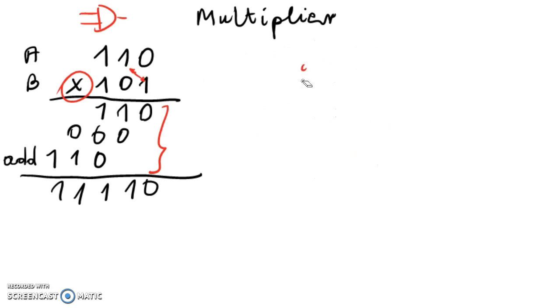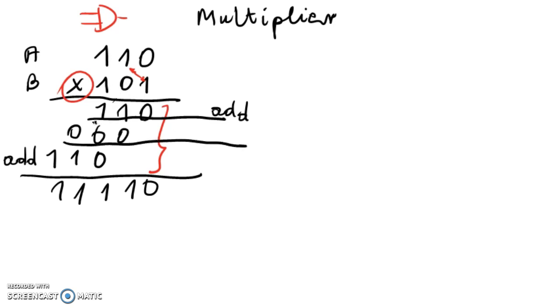So how to add? We must have partial results from the previous lines. Let's have a look. We must add here two zeros. So add here. We don't see the second, we can assume that the second argument is 0. And here, this is a result, we add again, and we add again, and get the final result.